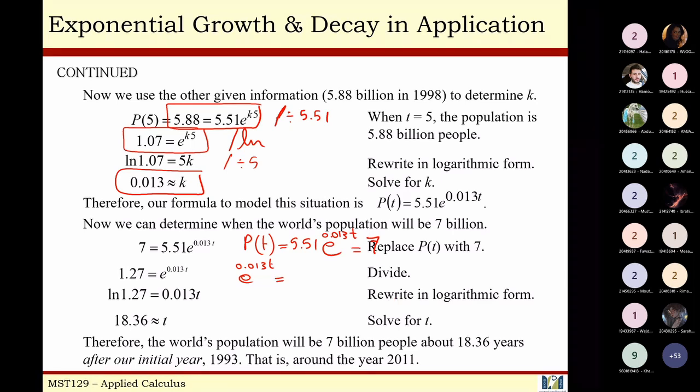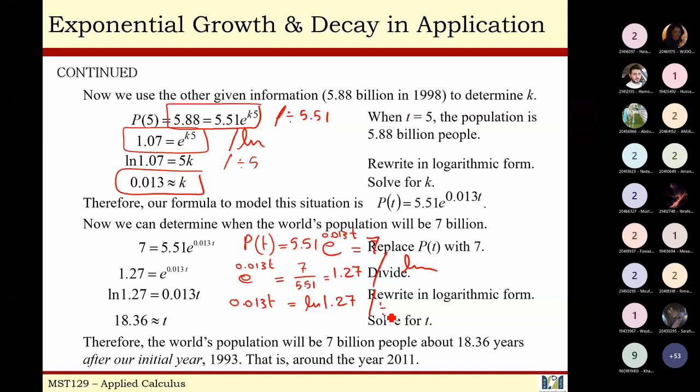So we have 0.013 t equals ln 1.27. By dividing by 0.013, t is approximately equal to 18.36. Around 18 years.